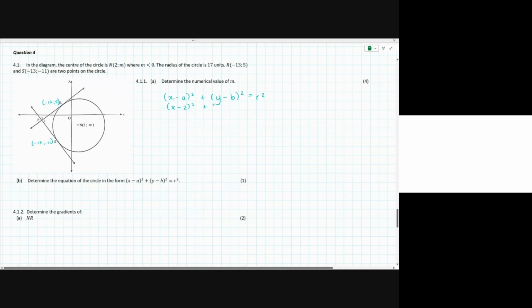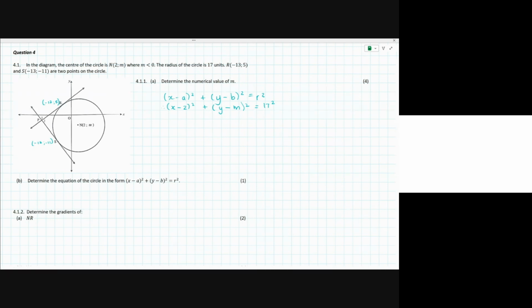We don't know the y coordinate. We know that's the m we're trying to solve. We don't know the b coordinate. That's the m we're trying to solve. And we know the radius. It said in the information of the question, the radius is 17 units, so 17². Okay, I'm getting somewhere.